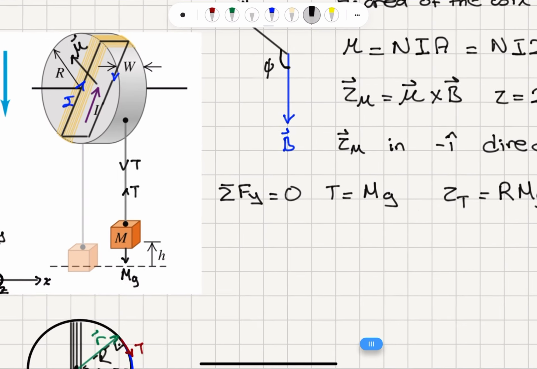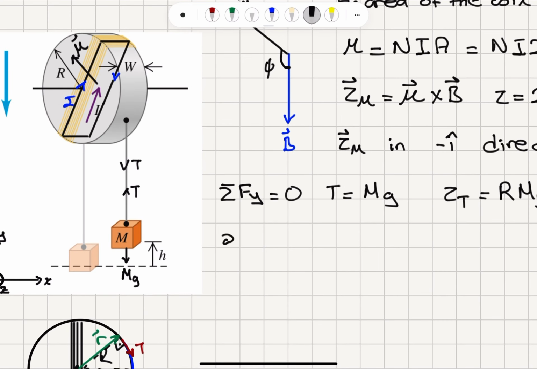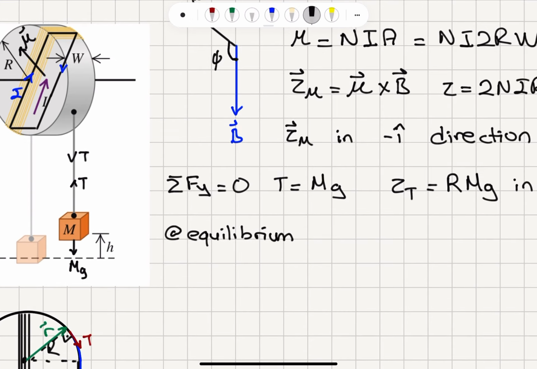Okay, and if we have equilibrium, at equilibrium, we need to require that the net torque is equal to 0. So the torque due to gravitation is mgR.